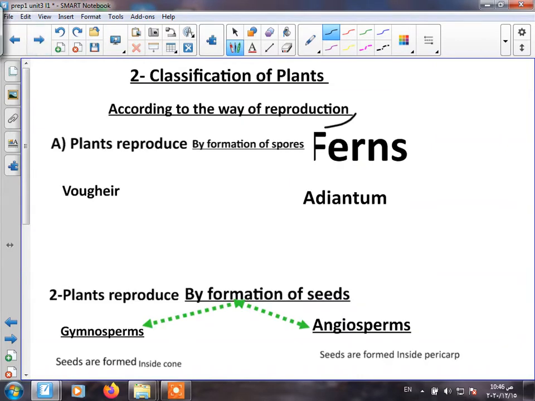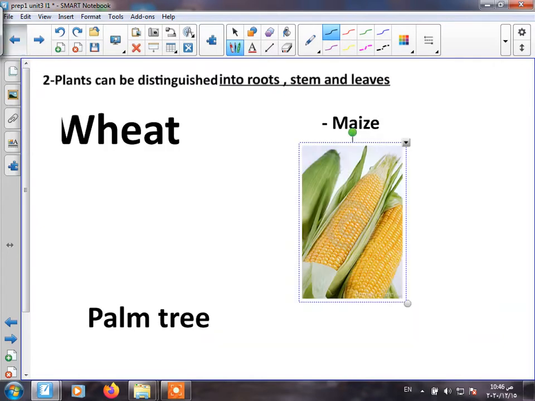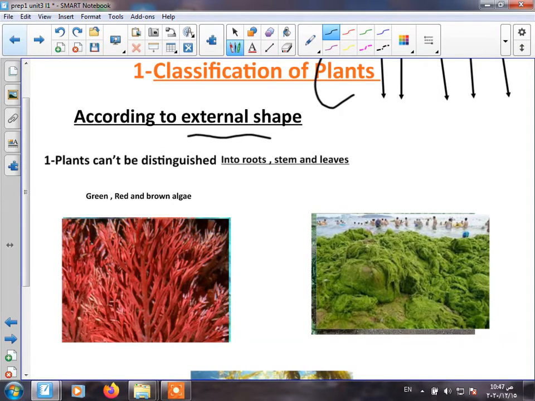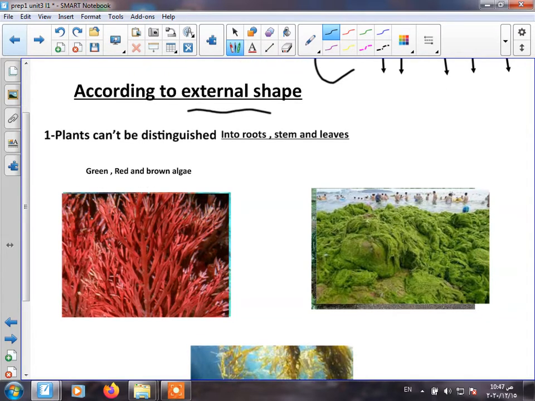According to the way of what? Of reproduction. Don't mix them together, classification and diversity. Okay? Classification of plants here is according to its external shape.